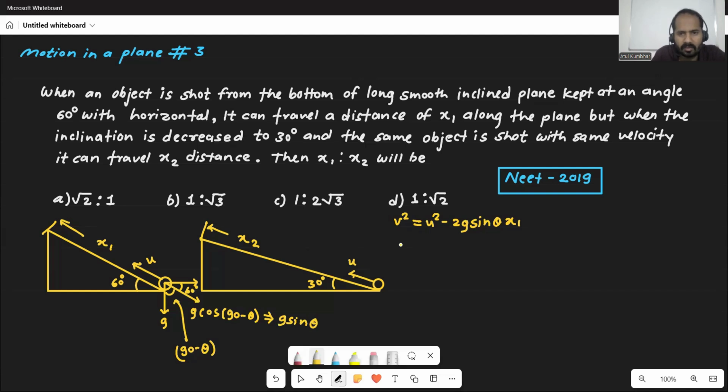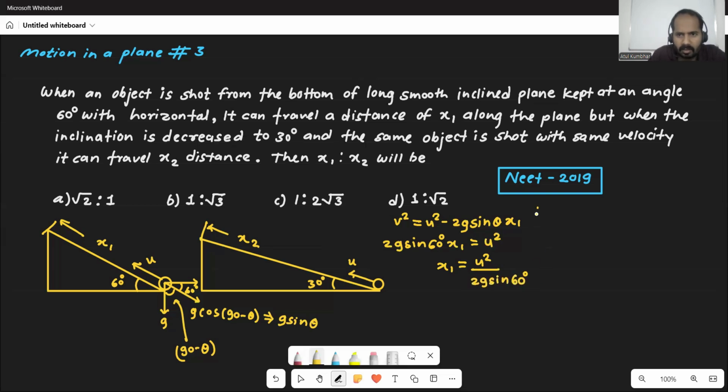So 0 equals u square minus 2g sine theta x1, and theta is 60 for the first case. So x1 will be u square divided by 2g sine 60.